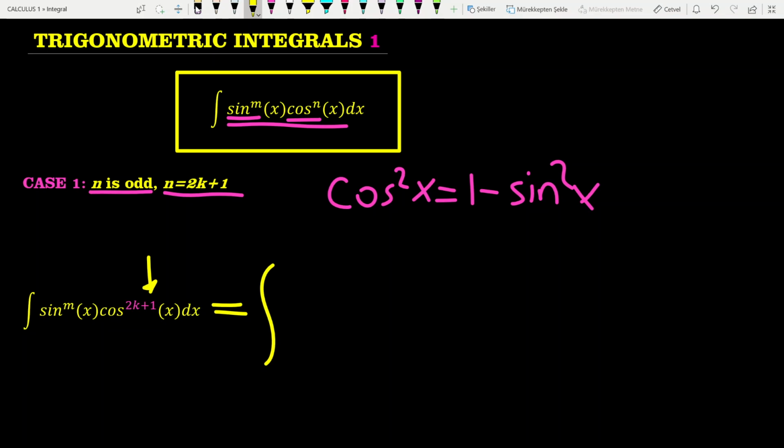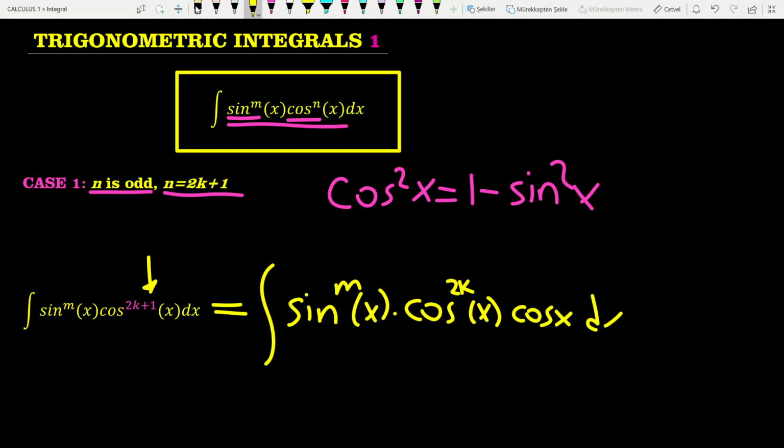Since the power of cosine is 2k plus 1, we write sine to the power m x times cosine to the power 2k, not 2k plus 1, and I write cosine x dx here. So I save one cosine function.